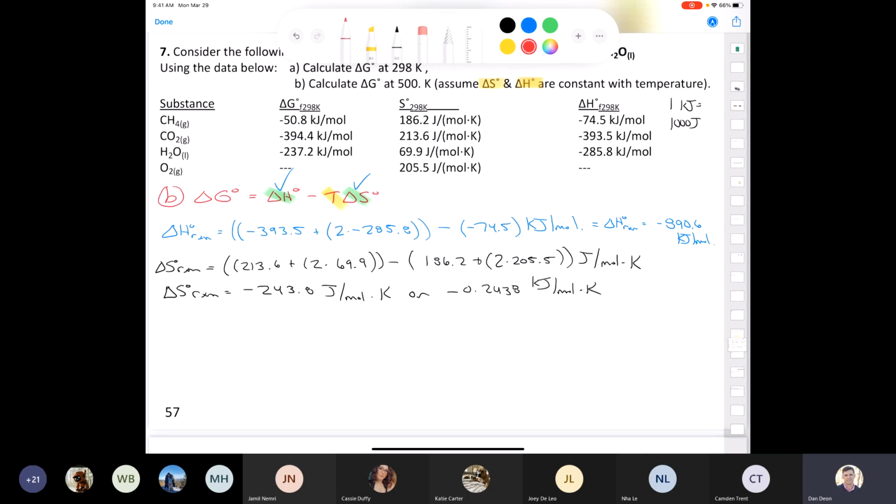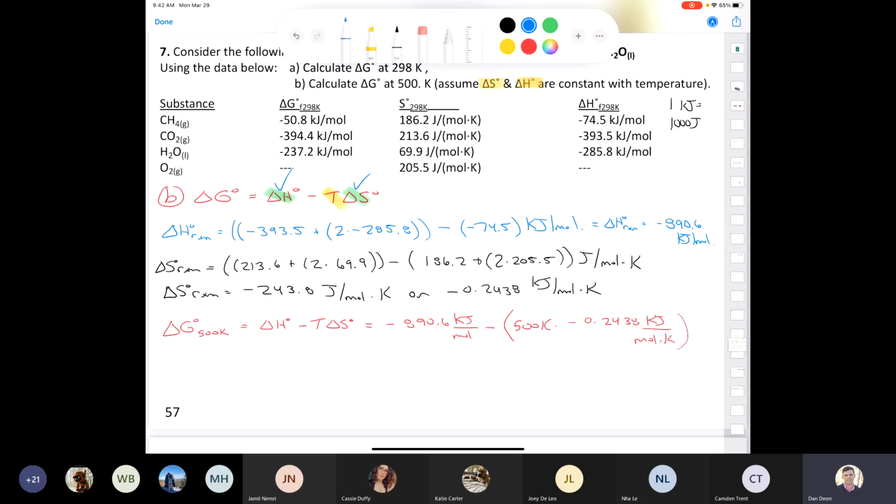So I'm going to write it out like this. I'm going to say that my delta G naught for this reaction at 500 Kelvin is going to be equal to delta H minus T delta S, which is negative 890.6 kilojoules per mole, subtract 500 Kelvin multiplied by negative 0.2438 kilojoules per mole Kelvin.